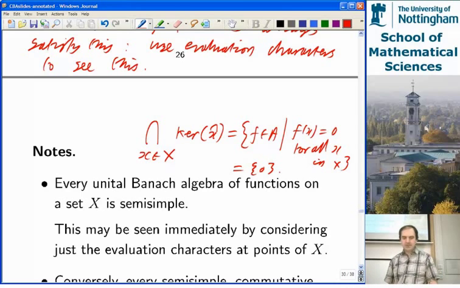And as I said, that says that if you intersect some of the characters' kernels, then you get down to 0. If there happen to be some more characters around, it doesn't do any harm.